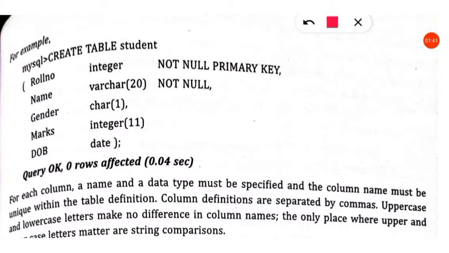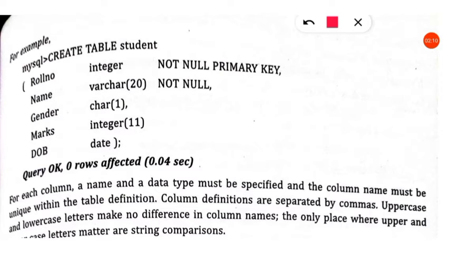You can type create table student, open the bracket, roll number integer, everything in the same line. Whether you write in different lines or in the same line, until a semicolon is found, it is considered a single statement.